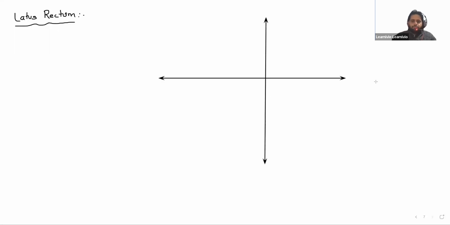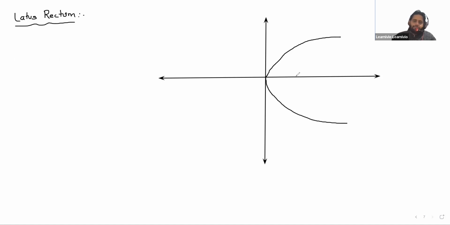Next topic is latus rectum. So what is a latus rectum? This is the parabola. This is the focus.